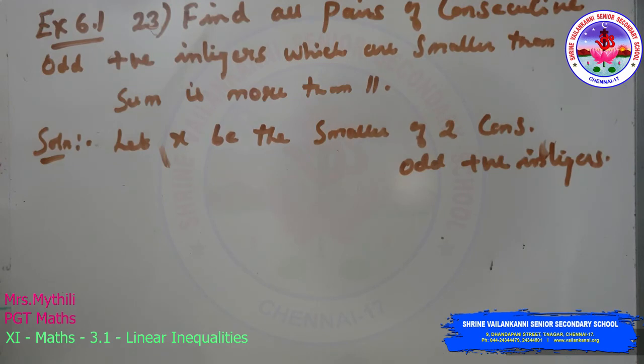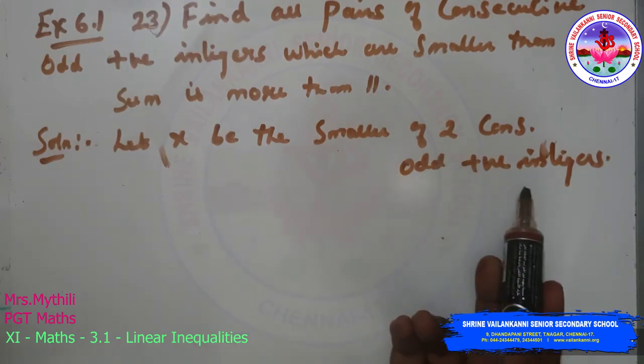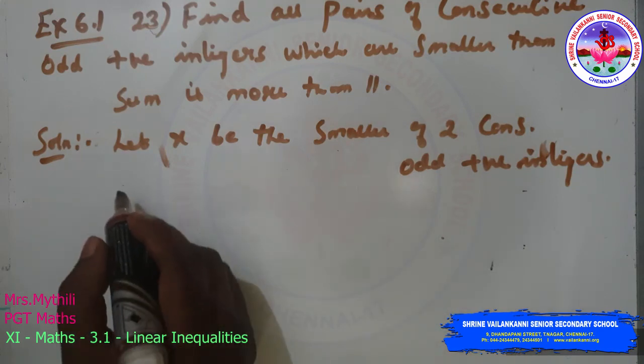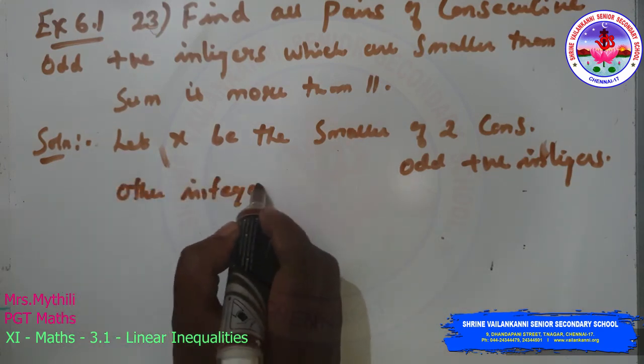23rd question. Find all pairs of consecutive odd positive integers, both of which are smaller than 10, such that the sum is more than 11. So let x be the smaller of the two consecutive odd positive integers. Then the other integer is x plus 2.